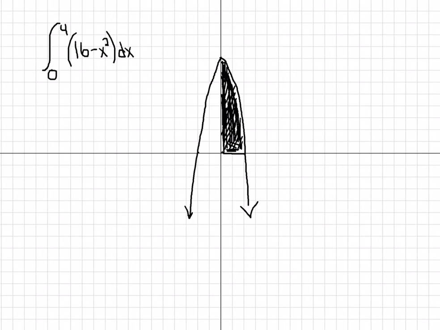Again, it might be different on different calculators, but when you do this, you get an area of 42.6 repeating, so it'd be 42 2/3 if you wanted to write it as a fraction. So this would be the area underneath this curve.